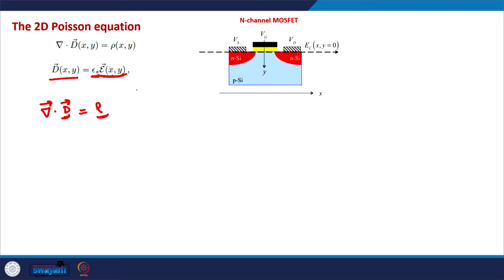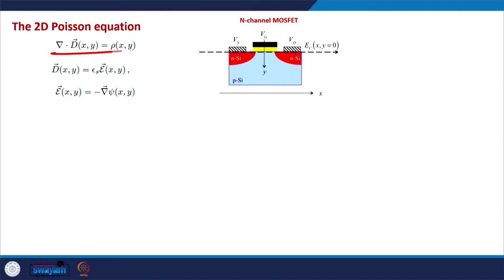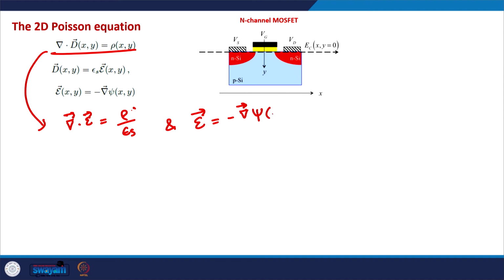So now we are considering the electric field in both directions, along the channel in the x direction and perpendicular to the channel in the y direction. That means that the Poisson equation del dot D can be written as del dot E equals rho by epsilon_s, and in 2D the electric field is the gradient of the 2D potential in the semiconductor.